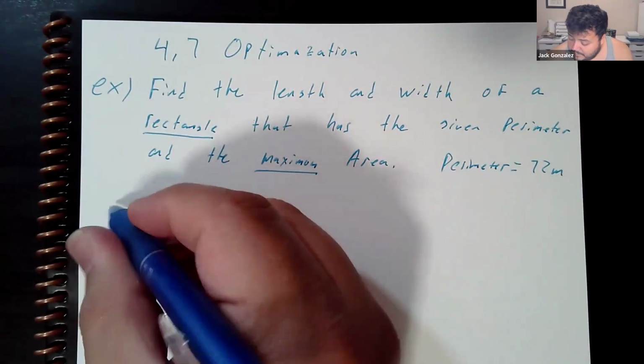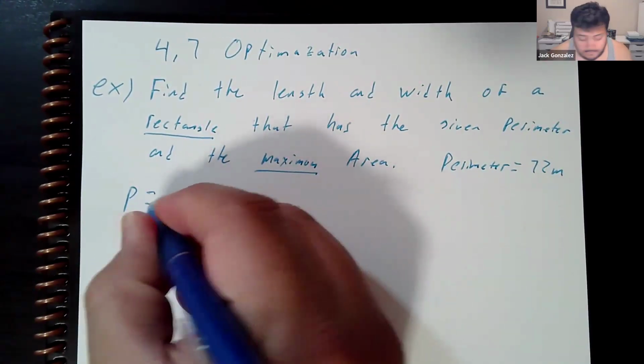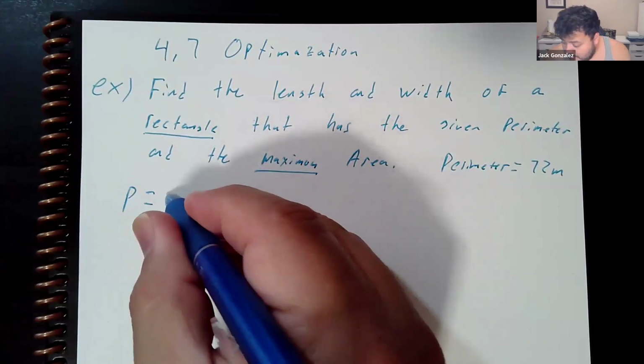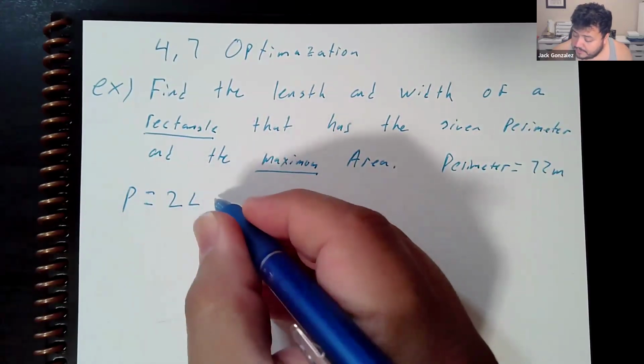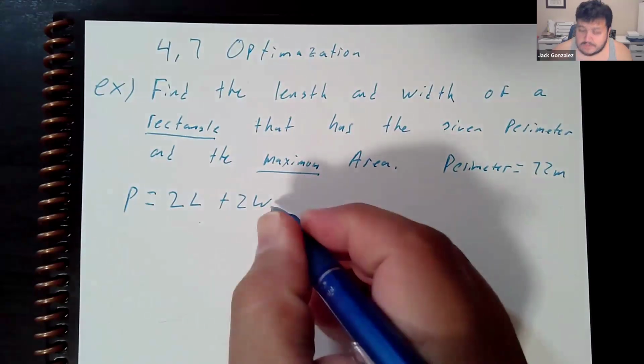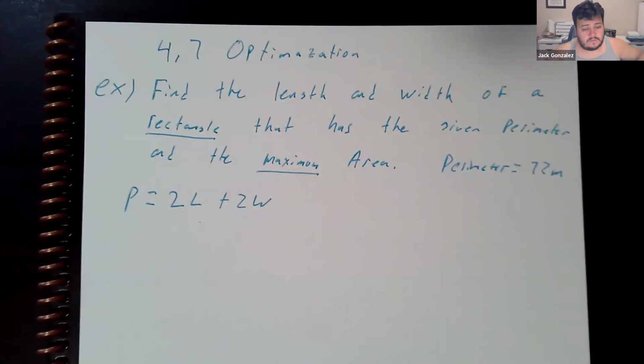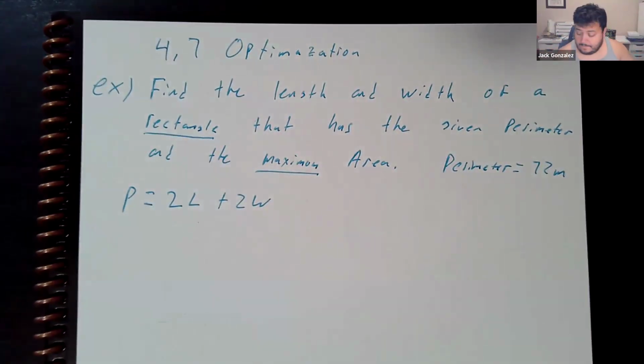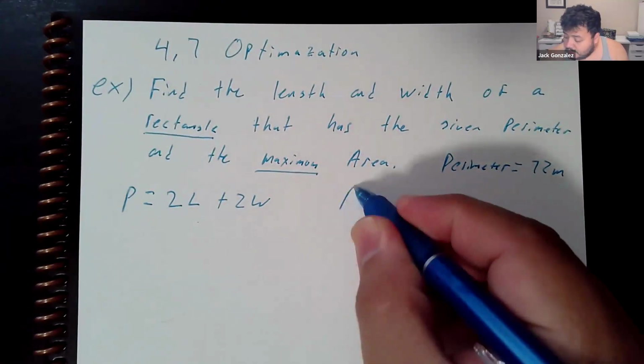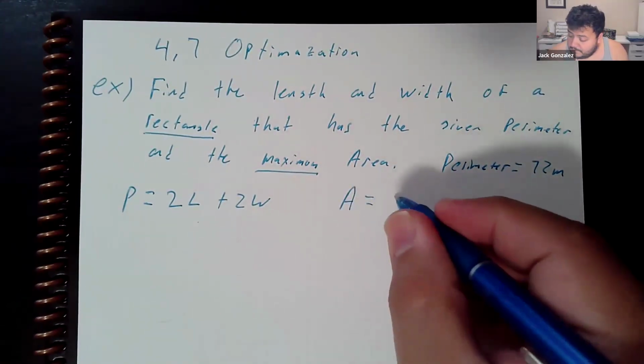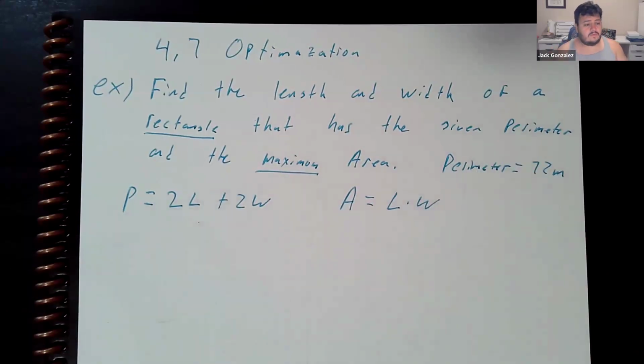So remember, this is coming from your memory, right? This is not given to you. We know that perimeter is equal to 2 length plus 2 width, right? Just adding the sides of the rectangle. We also know that the area of a rectangle is length times width. So these equations come from just geometry, right?